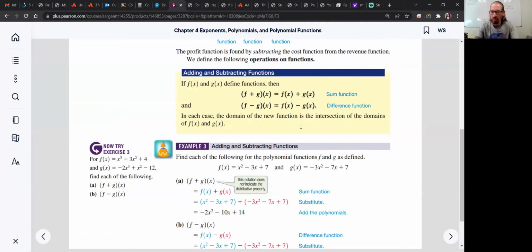Intersection means what's in common. Now, the nice thing about working with polynomials for the time being is that all real numbers are the domains of any polynomial. And so what would be in common between two of them? Still all real numbers.